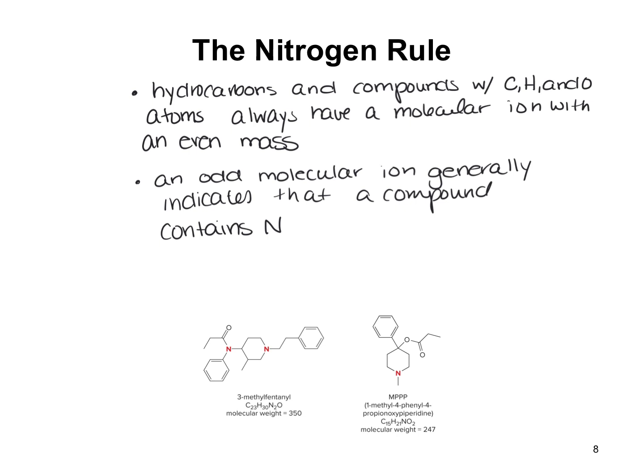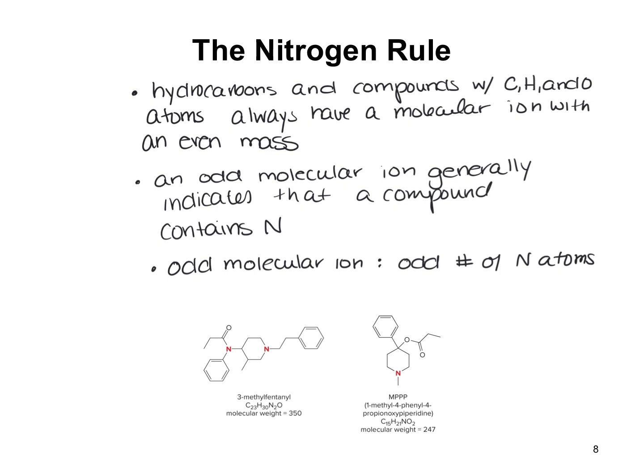And so all it says is that a compound with an odd molecular ion contains an odd number of nitrogen atoms. Okay, so if you've got an odd molecular ion, you generally have an odd number of nitrogen atoms.